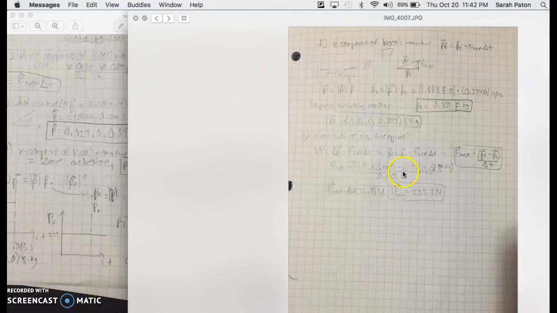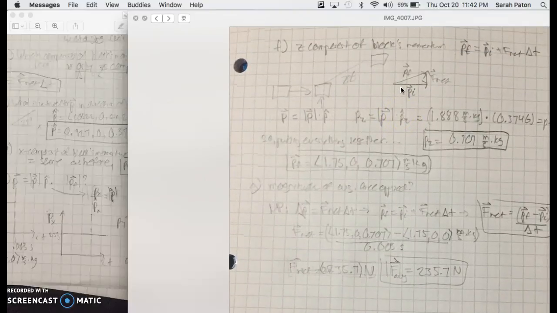Moving on, I was able to find the z component of the block's momentum using the momentum principle, which is vector pf is equal to vector pi plus fnet times change in t, so graphically with vectors, pf is equal to pi plus fnet.